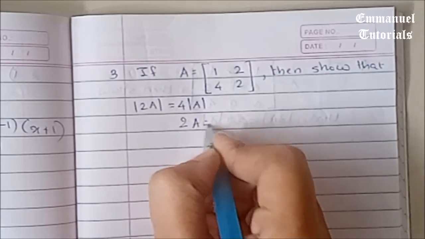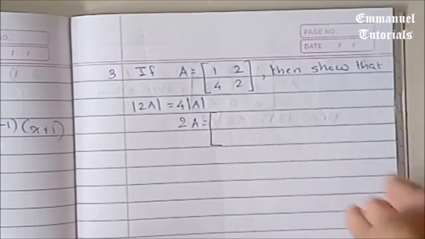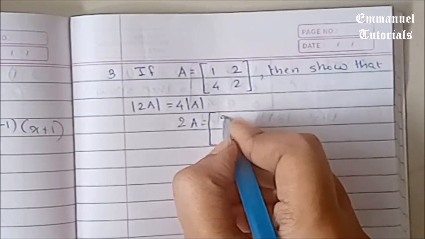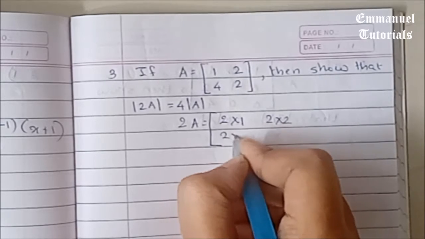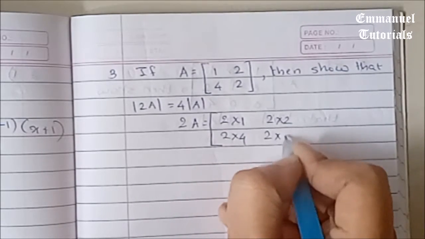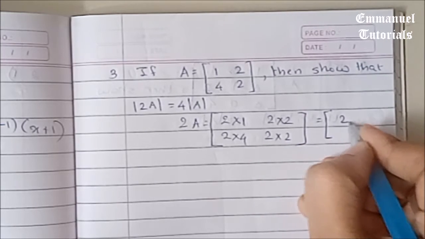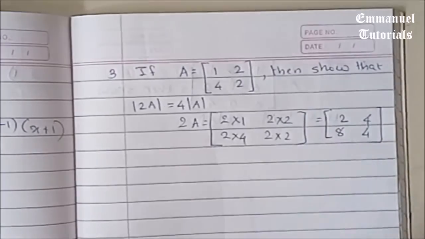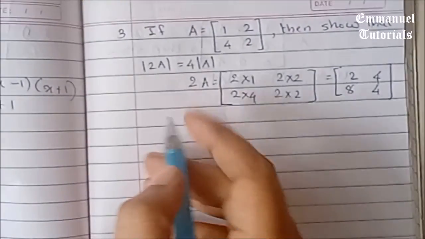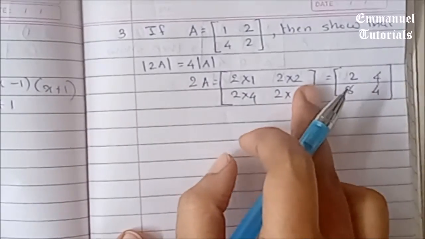The 2A matrix, as you have seen in the previous chapter, is going to be 2 multiplied by all elements of the matrix. So it's going to be 2 multiplied by 1, 2 multiplied by 2, 2 multiplied by 4, and 2 multiplied by 2. This is going to become 2, 4, 8, 4. Now you have to find out the determinant value of this matrix.